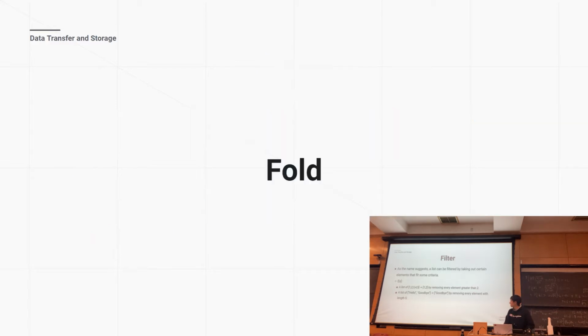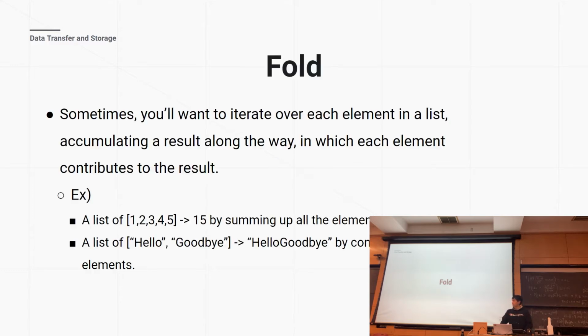So pretty basic. And finally, fold, which is probably the most interesting and probably the most difficult of the 3 to understand. So sometimes you want to iterate over each element in a collection or in a list and accumulate a sort of result along the way. That result could be, for example, a sum of every element of the list, or it can be pretty much anything.